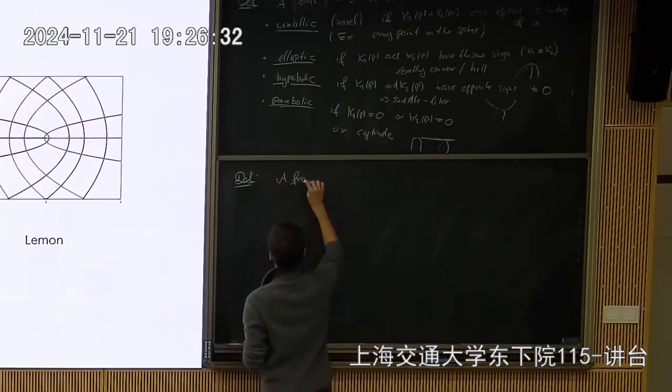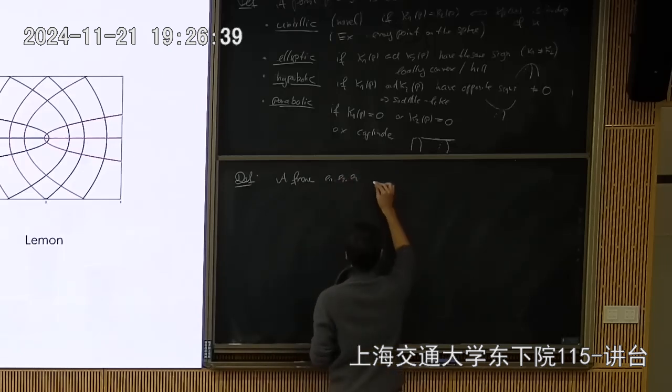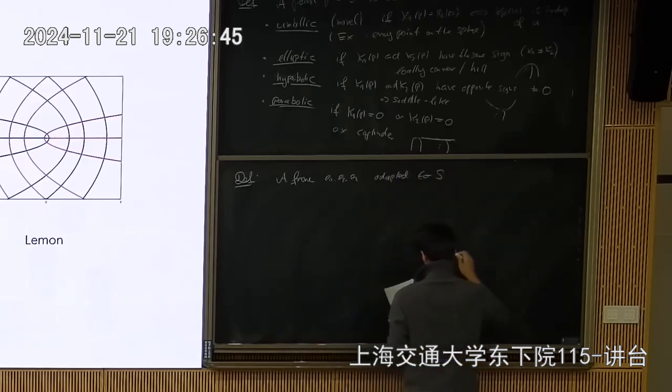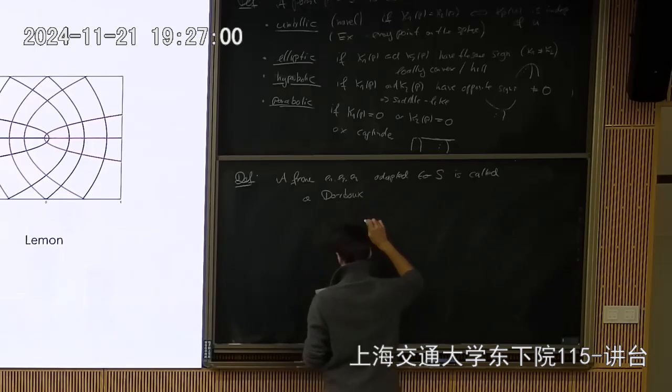First of all, a frame which is adapted to S is called a so-called Darboux frame.